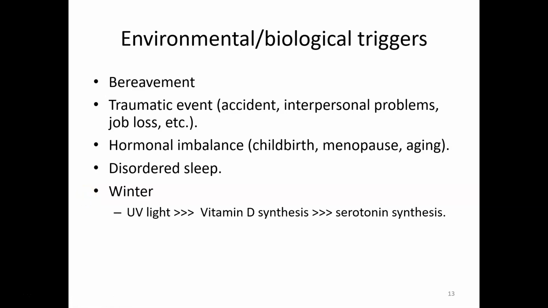So why does winter disrupt mood? When you are in winter, you get less exposure to ultraviolet light, and generally, ultraviolet light is really critical for vitamin D synthesis. Vitamin D is in a variety of different foods like dairy and fish, and it's only going to be synthesized by the skin when you're exposed to UV light.